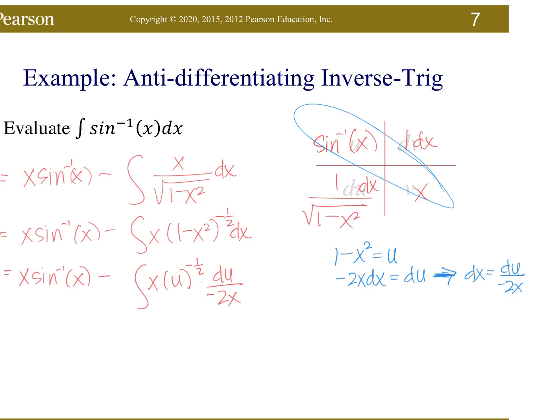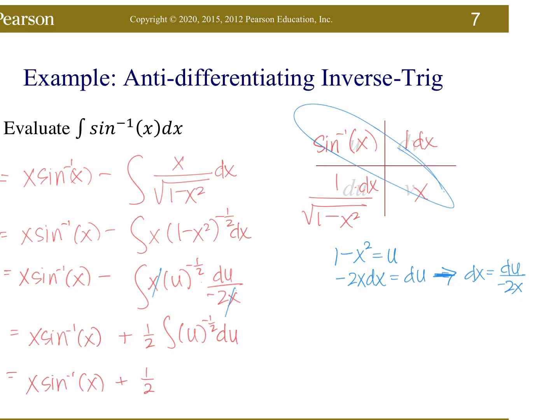So I can reduce the x's. I can pull negative 2 out, or negative 1/2 actually, out to the front. So it'll be plus 1/2 times the integral of u to the negative half du. So then you're almost finished.